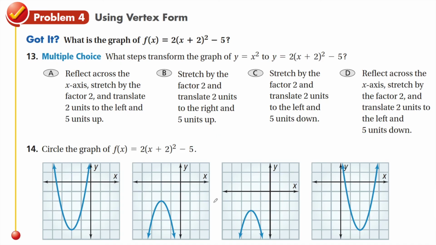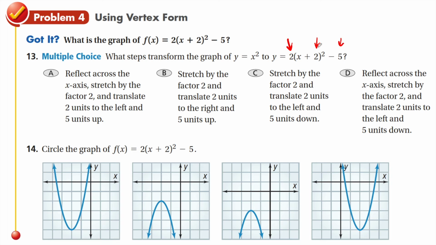Problem number 4. Using vertex form. What is the graph of f of x equals 2 times the quantity x plus 2 squared minus 5? Well, let's take a look at the steps to transform the graph of y equals x squared to give you y equals 2 times the quantity x plus 2 squared minus 5. I'm going to notice we have 3 different transformations.